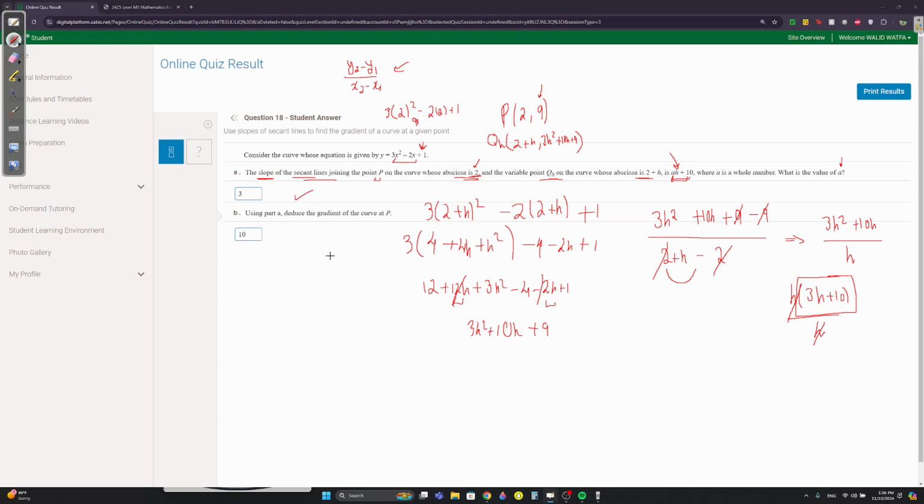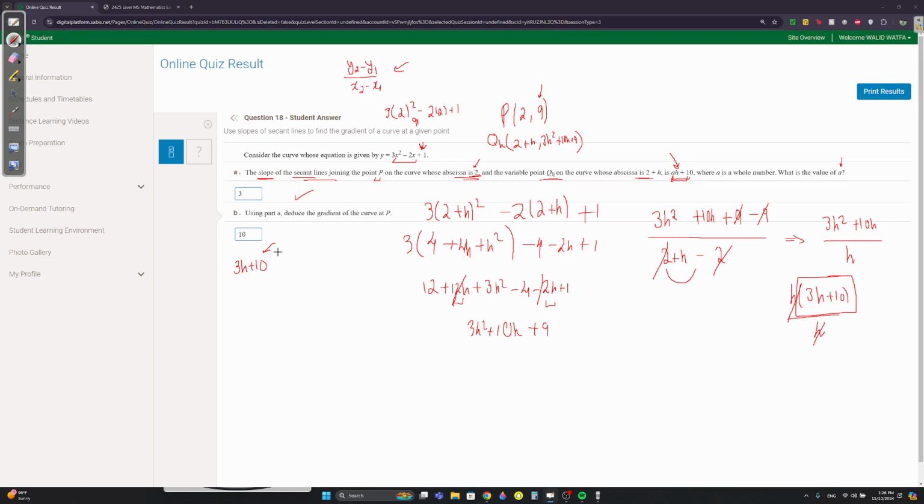Using part A, deduce the gradient of the curve at P. We said that the slope is 3h plus 10. I remember in the AMS quiz, term 1, week 5 CA, there was a question like this, but she got it in a different manner.